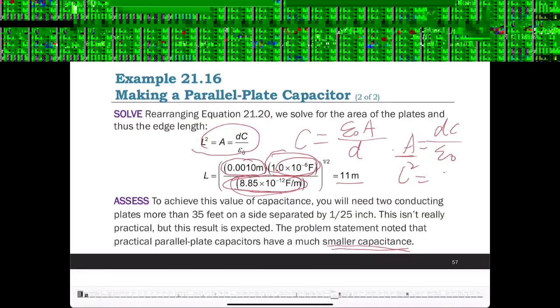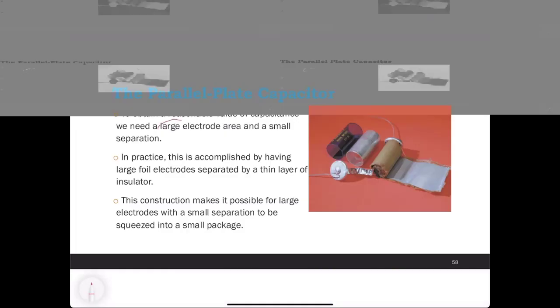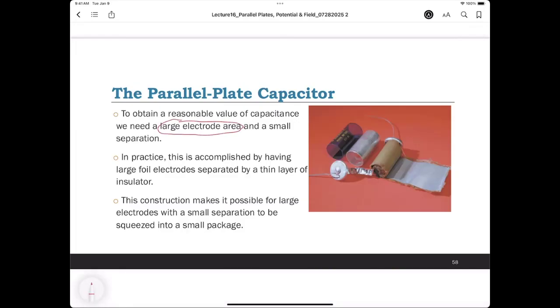To obtain a reasonable value of capacitance, we need a large electrode area and a small separation. In practice, this is accomplished by having large foil electrodes separated by a thin layer of isolator.